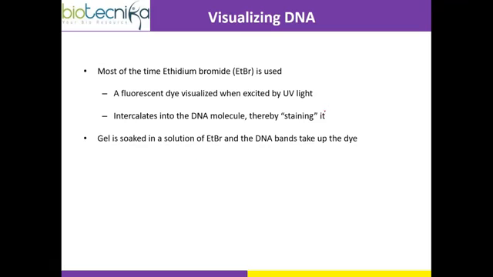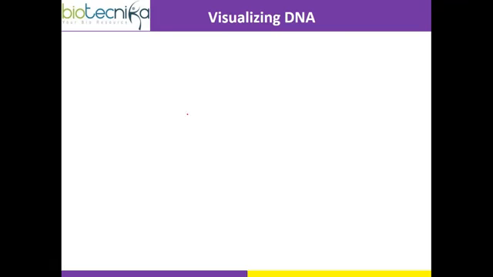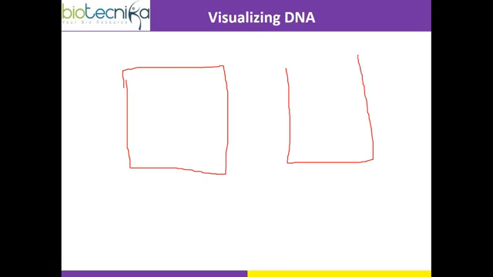So always, why do we use different voltage? The 0.6% gel, 1% gel, here the pore size is large. Here we always use very low voltage.